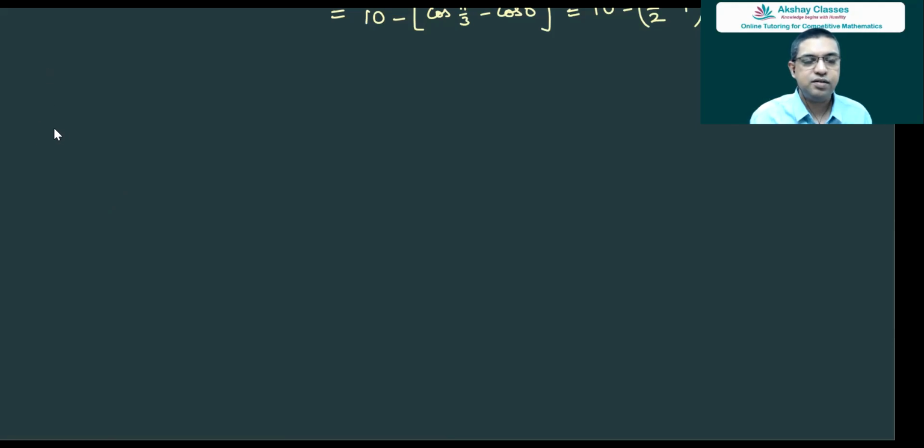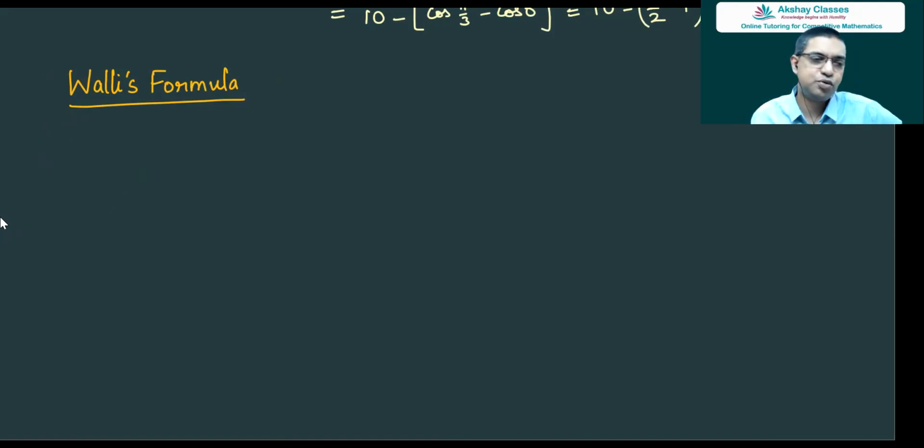Before we go further to limits of a sum, I will give Wallis's formula, which is a reduction formula. We know what reduction integrals are. Now this is very useful in dealing with sine and cos functions.